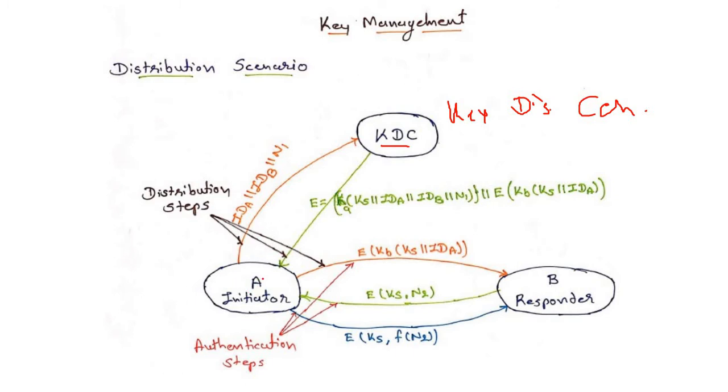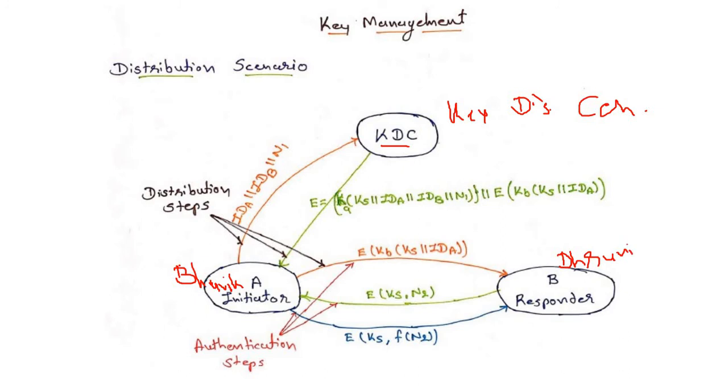You can consider sender or receiver, or you can consider initiator and responder. Get it? So that is the initiator. The initiator will request the KDC, like the initiator wants to communicate with the responder. That is A and B. You can consider here Bhavik and Dhruvi. There are two parties. Get it?